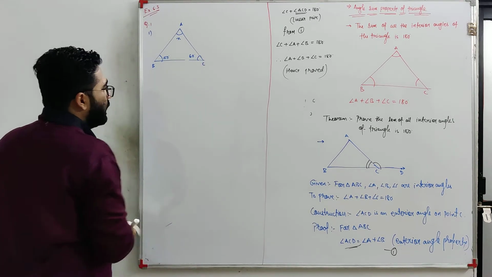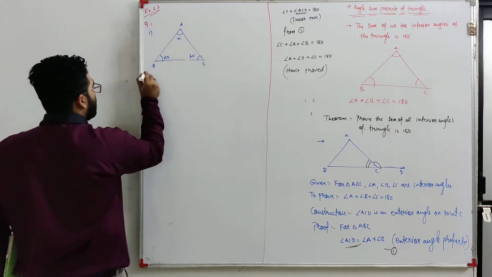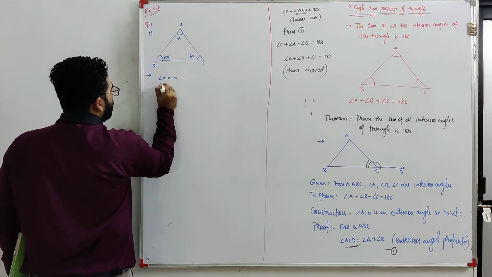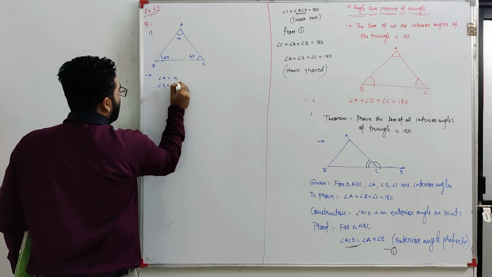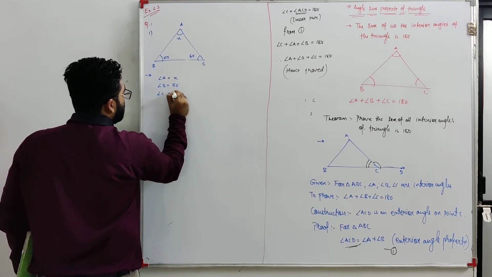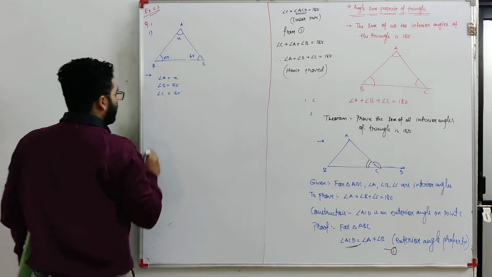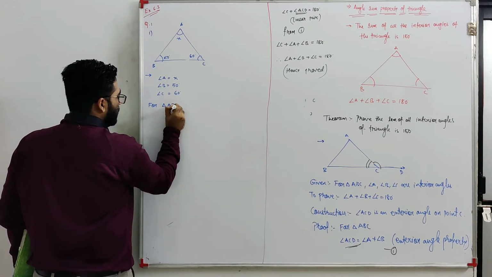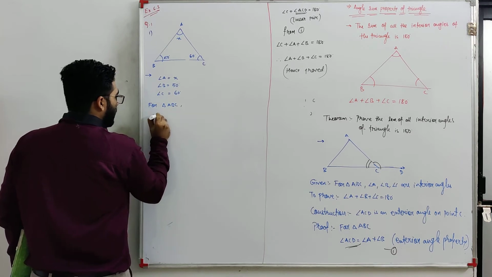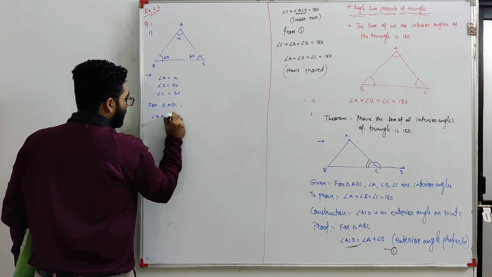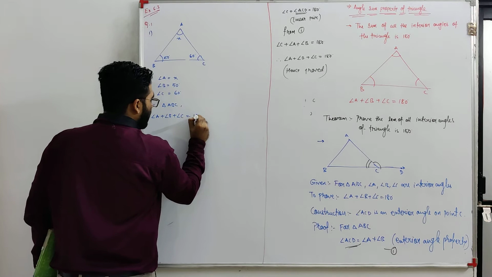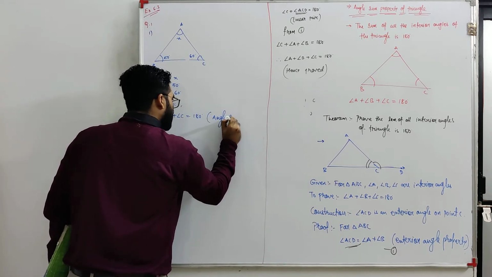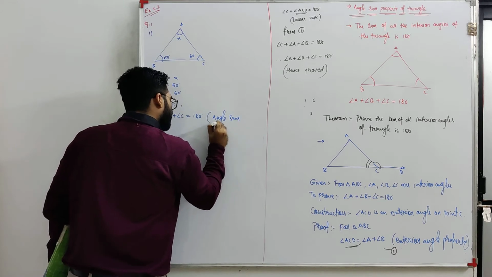I need to find the angle A. Here I am mentioning everything: angle A is equal to x, angle B is equal to 50 degrees and angle C is equal to 60 degrees. For triangle ABC, angle A plus angle B plus angle C is equal to 180 degrees. Why? Angle sum property.